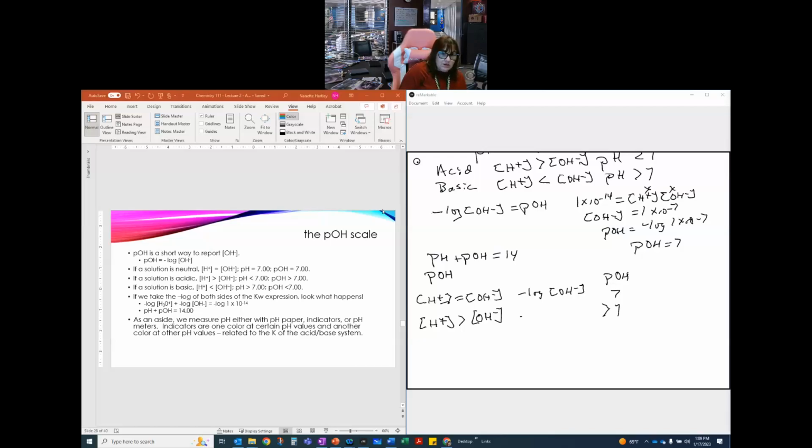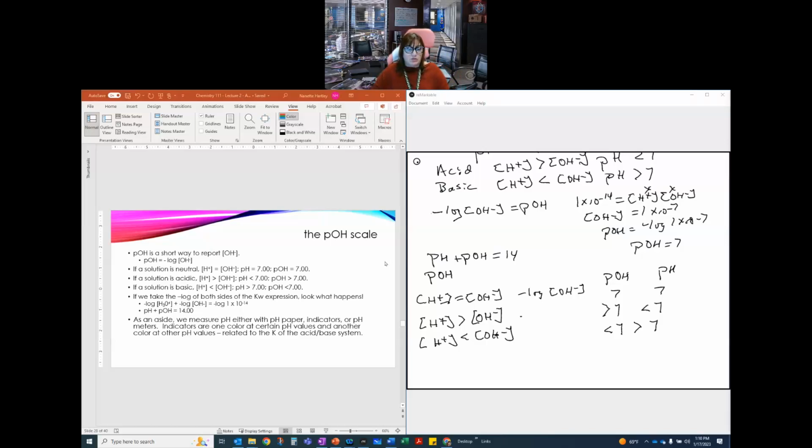If we talk about a basic solution where our H plus is less than our OH minus, then the pOH is going to be less than 7, and that means our pH is greater than 7. So that's what we're looking at.